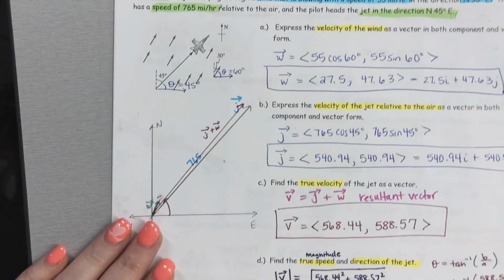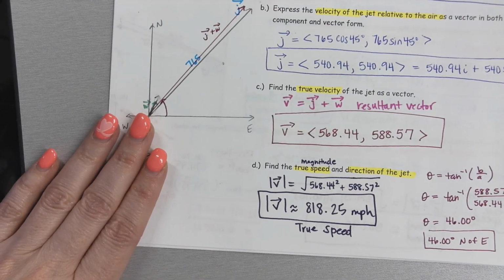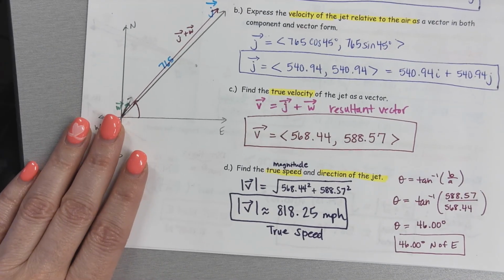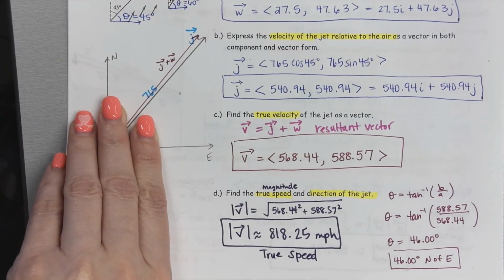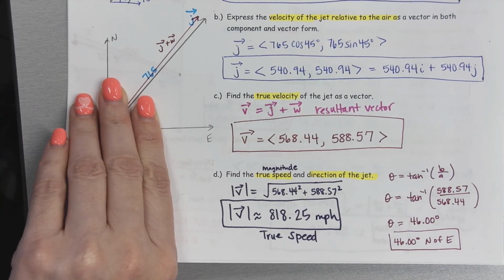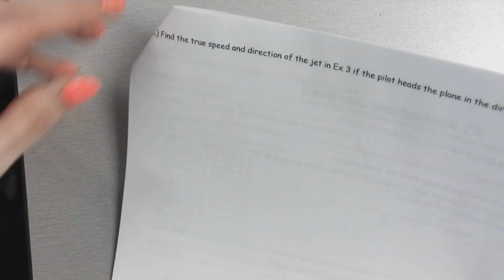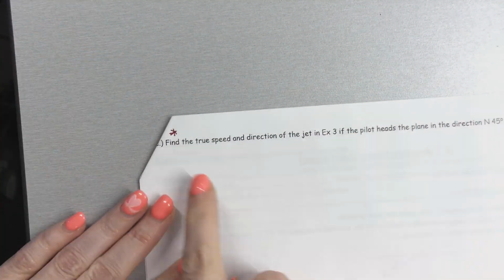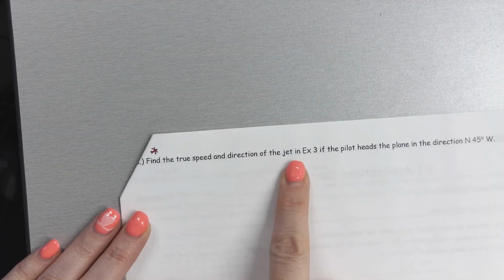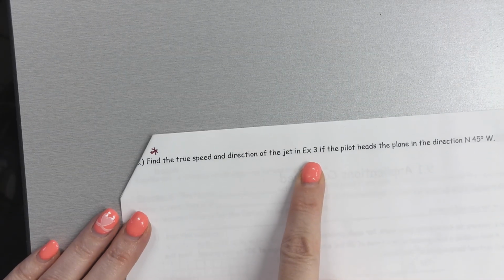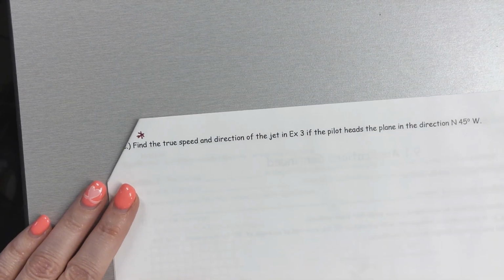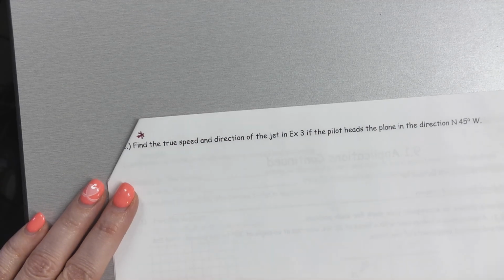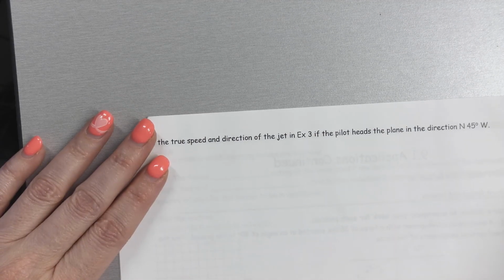All right, your homework tonight is going to be 5 questions. The first question is going to be part E from your notes. So you're finding the true speed and the direction of the jet in the same example, if the direction is north, 45 degrees west.